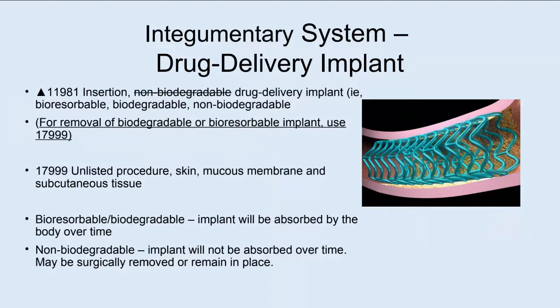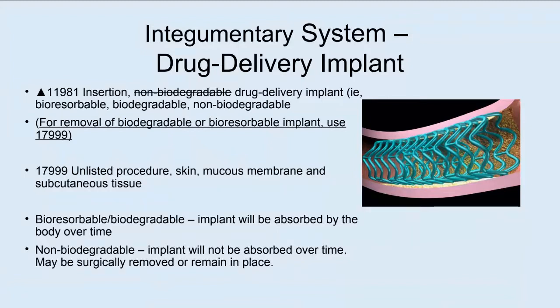So let's start with the integumentary system. Code 11981 has been revised, and a new note was added under the code. In all of the changes on here, I have crossed out what has been taken out for 2022, and I have underlined what has been added for 2022. So 11981 is a good example. Non-biodegradable was crossed out in this code, so the code wording has changed.